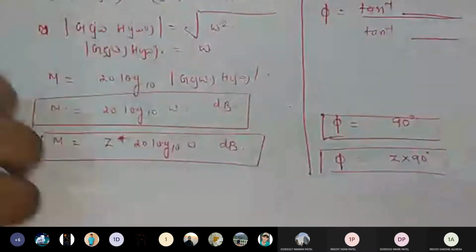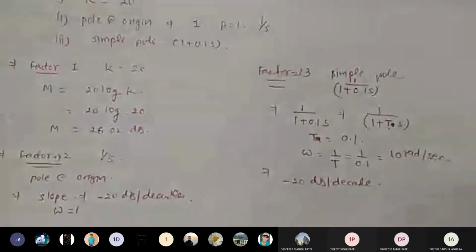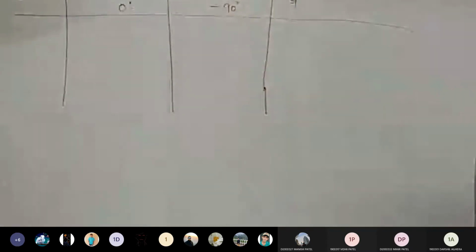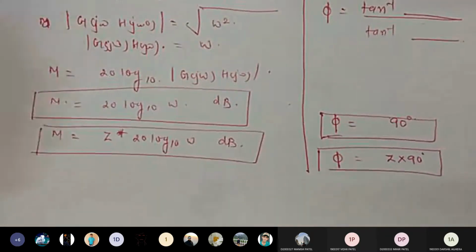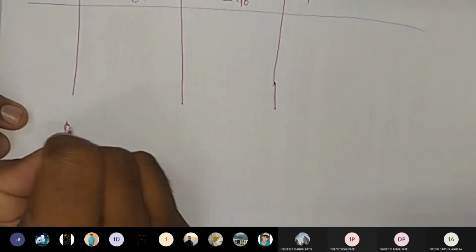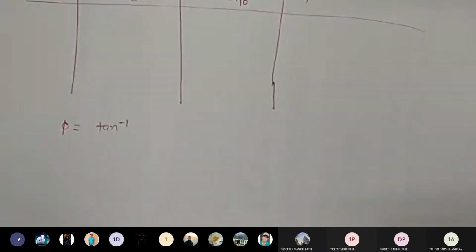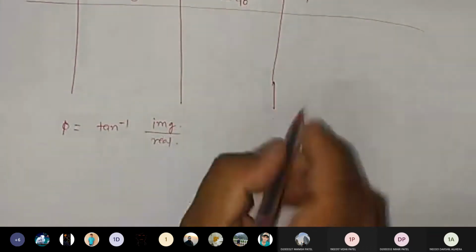Factor number 3. What is factor number 3? Simple pole. For a pole, what we have to do? Maybe this analysis is remaining, so we will take this. For finding out the simple pole, your answer will be phi is equal to tan inverse imaginary upon real.